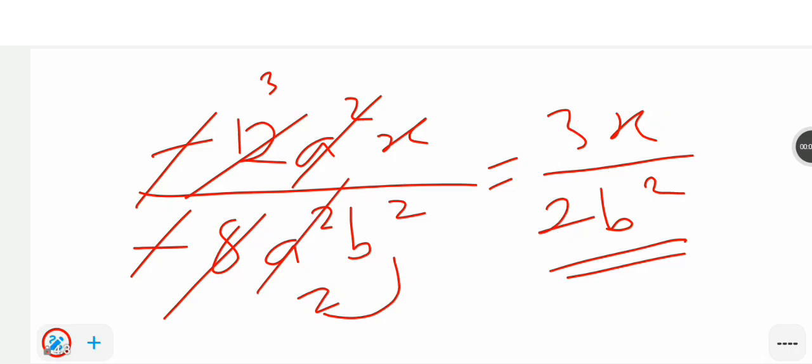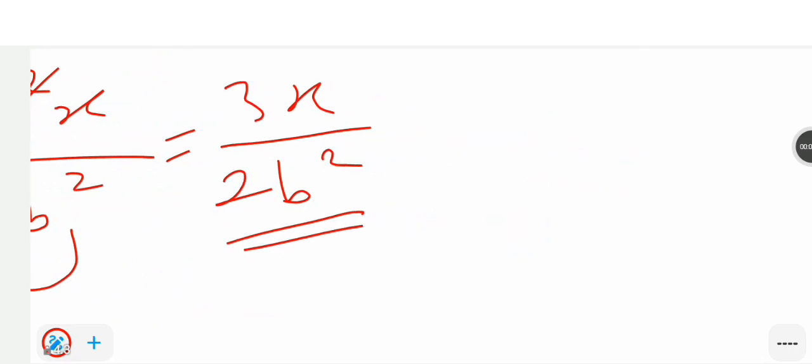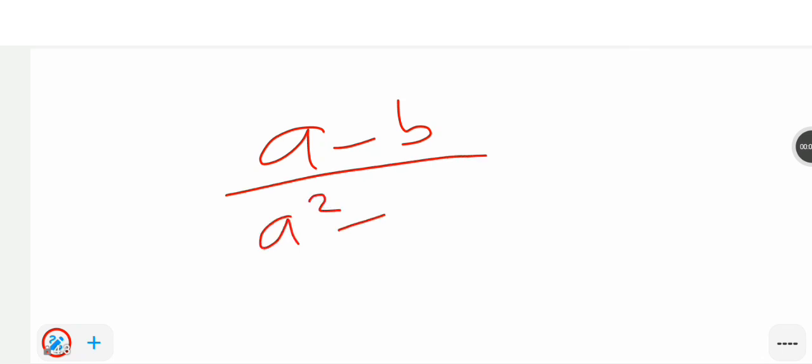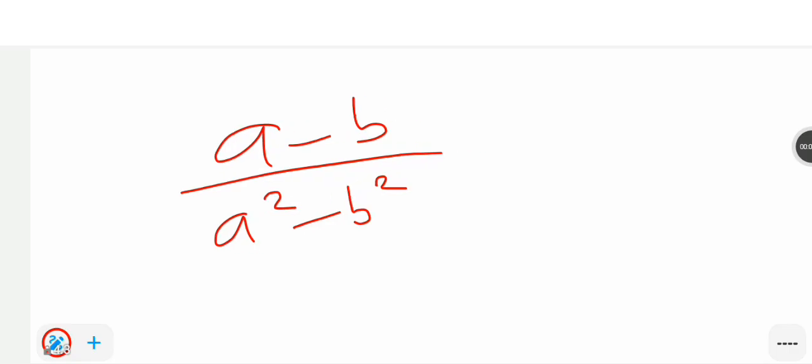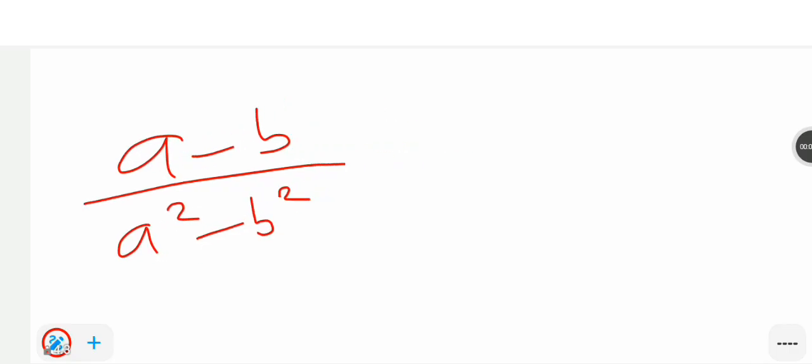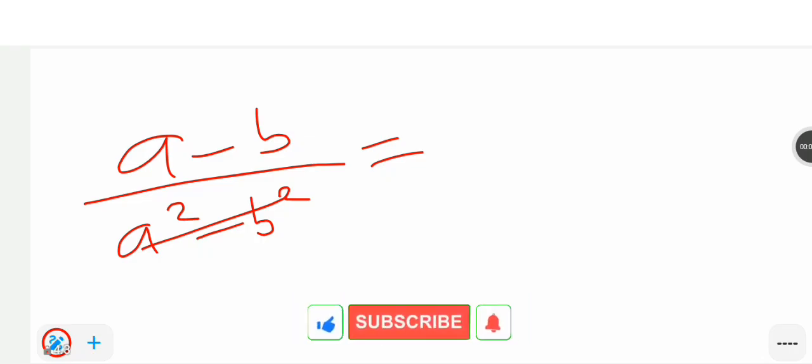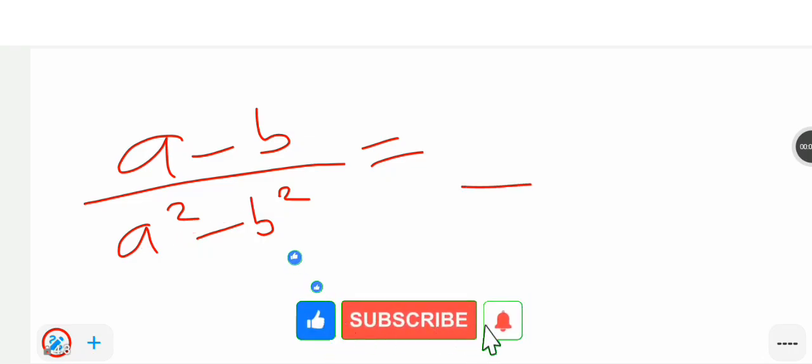These are just some basics we're going through to familiarize you with the concept. You have a minus b divided by a squared minus b squared. To simplify this, you have to use difference of two squares. You have a minus b at the top, and you need to break the bottom down using difference of two squares.